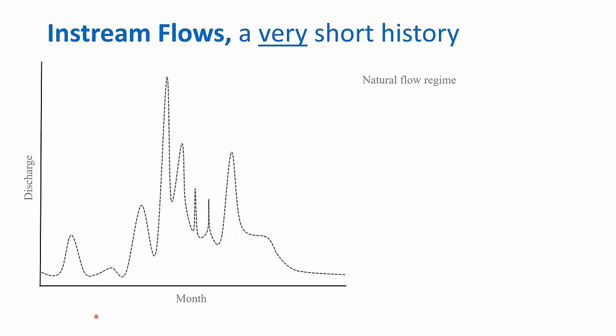Think of this natural flow regime, at least in the American continent, as pretty much before the European colonization. Before the European colonization, in the entire continent, we had pretty much rivers that had this natural flow regime.